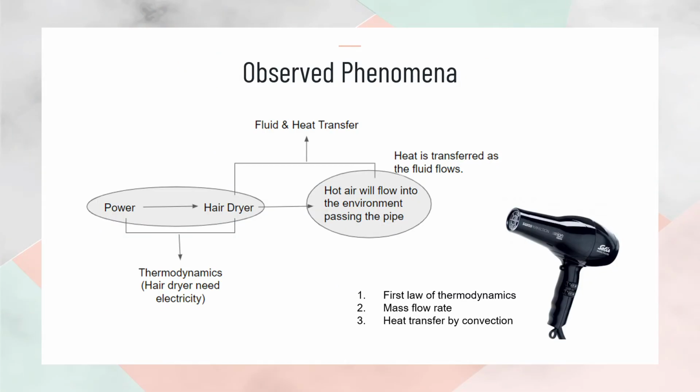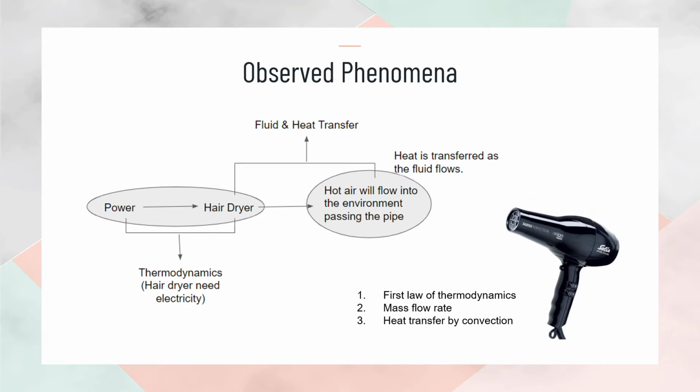And here are the phenomena that are observed. The hairdryer utilizes electrical power and blows hot air, and the hot air flows into the environment by passing through the pipe.